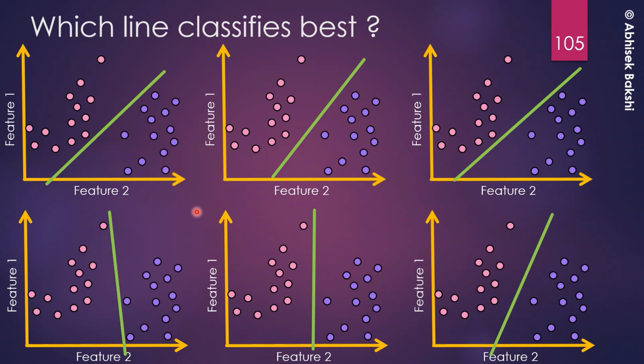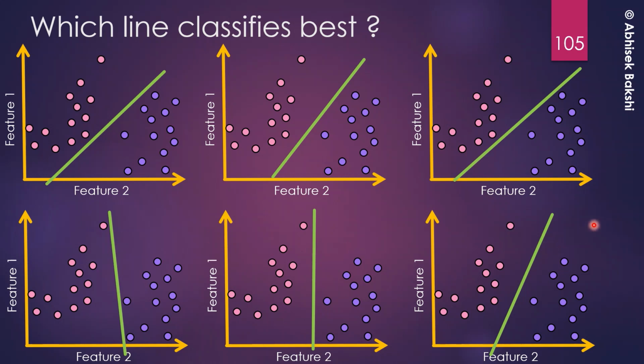The difference is the equation of the straight line, right? And we all know the equation of the straight line fully depends upon the intercept and the angle, right, y equal to mx plus c, m and c. So because of different m's and different c's, we can find different classification boundaries or classification lines.